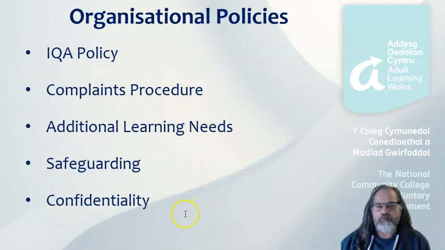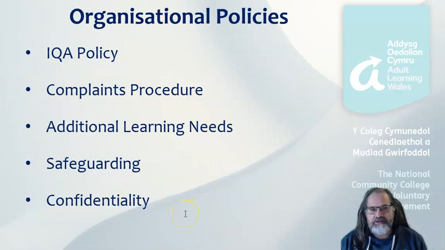Okay, some of the organisational policies that you're really going to need to pay attention to, and make sure that you're adhering to and that are in line with your assessments, are the IQA policy, the internal quality assessment policy, following those policies and procedures, submitting your work to the IQA and then receiving feedback from them.